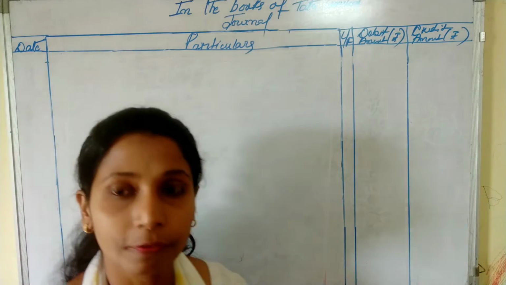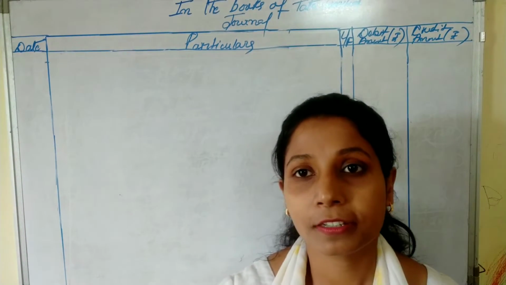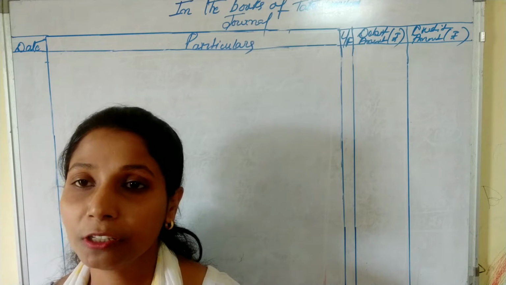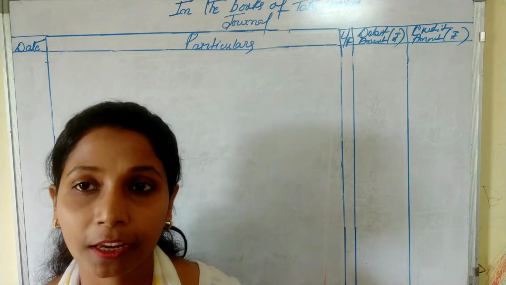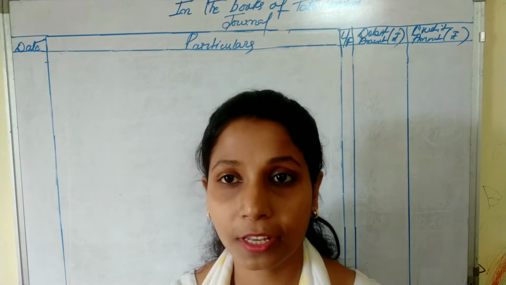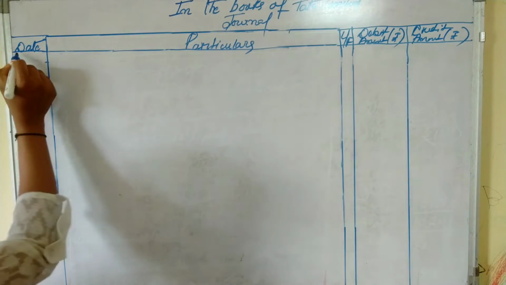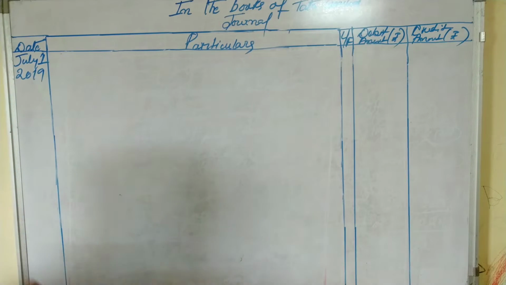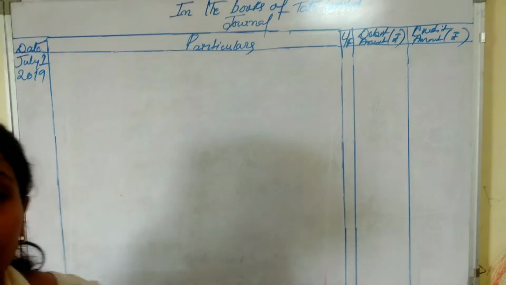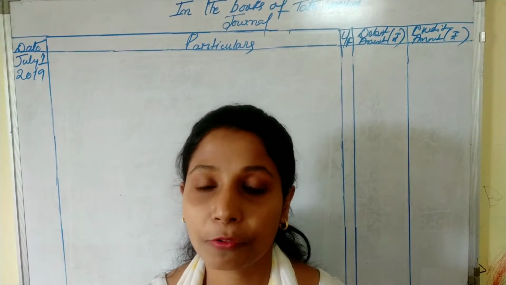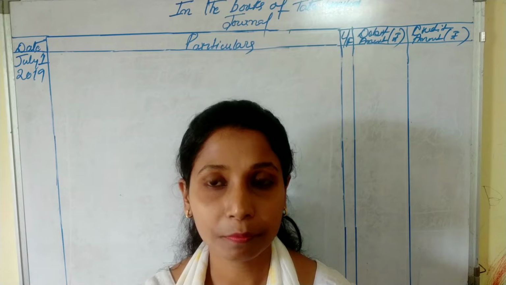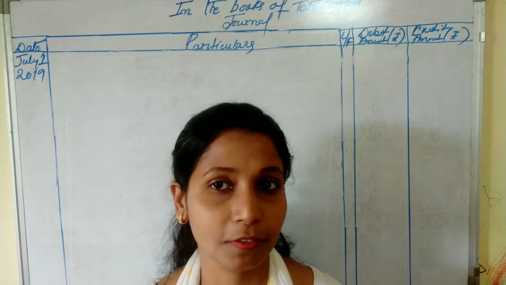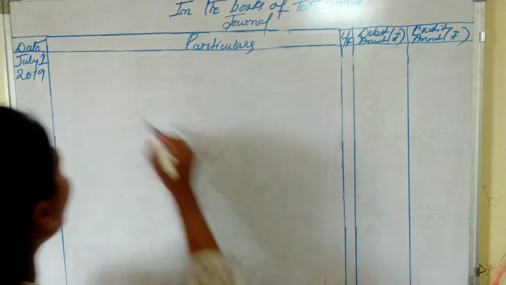Now, first of all, we will write the date, and the date of receiving the application money in our question is 1st July 2019. We will write here July 1, 2019. Now, the first entry is for receiving the application money. So when money is received, bank is debited. Bank account debit.